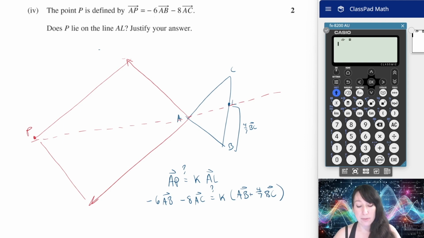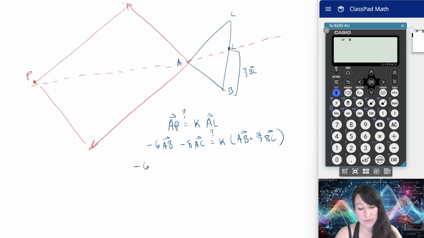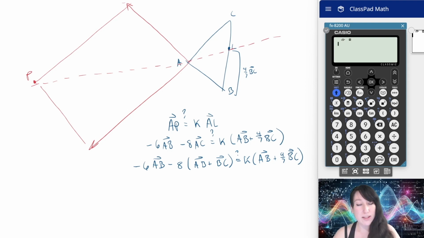Both sides have AB, and then we have AC and BC. Now, AC can easily be re-expressed in terms of AB and BC, since AC would be AB plus BC. So we have, and we'll collect like terms.